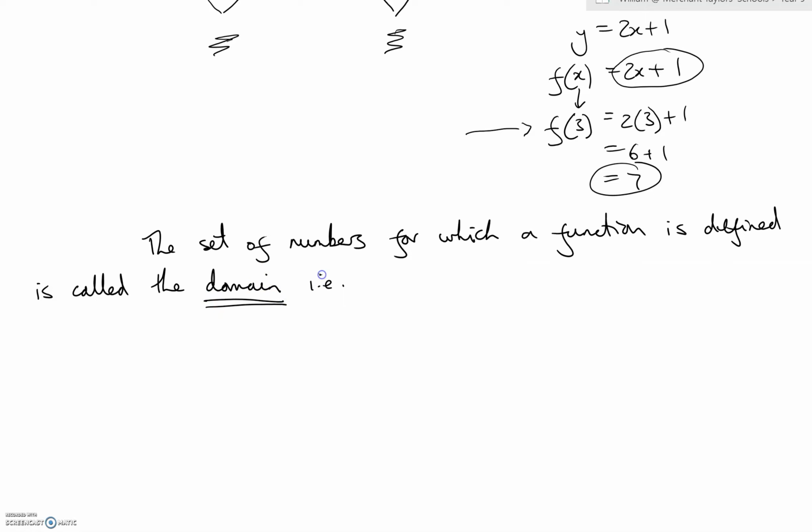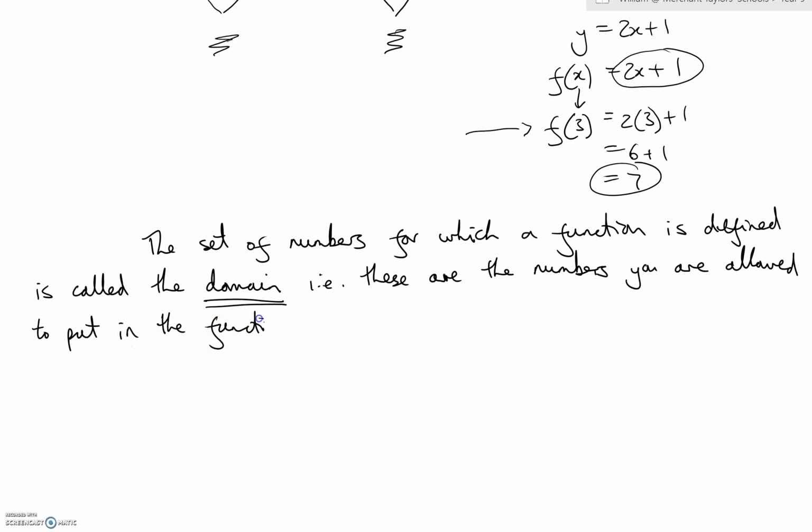Okay, so this is just a fancy way of saying these are the numbers you are allowed to put into the function. Okay, and they tend to be x values. So in my example above, I put 3 into this function, so 3 would be part of the domain of this function. Okay, because I can put 3 in.